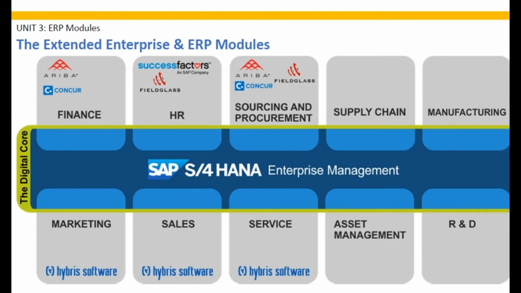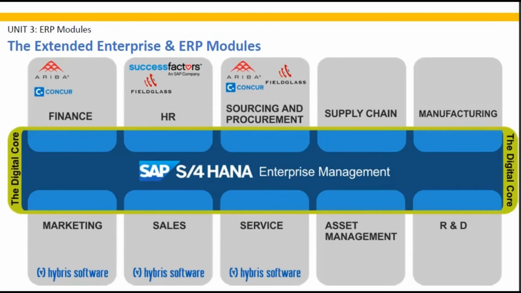They complement the already existing human capital management solution in the standard application. Then we have sourcing and procurement. SAP acquired Ariba, Fieldglass, and Concur, which are part of sourcing and procurement. It actually complements that service as well.